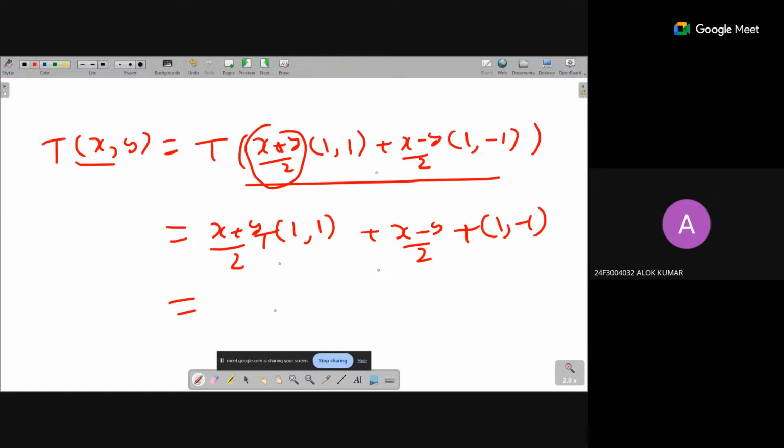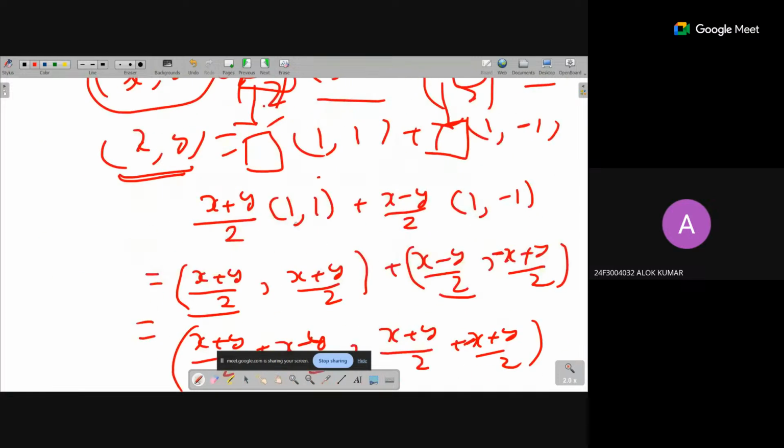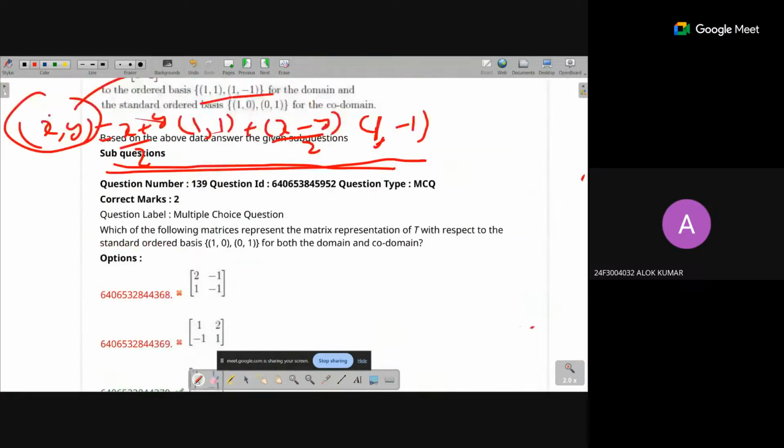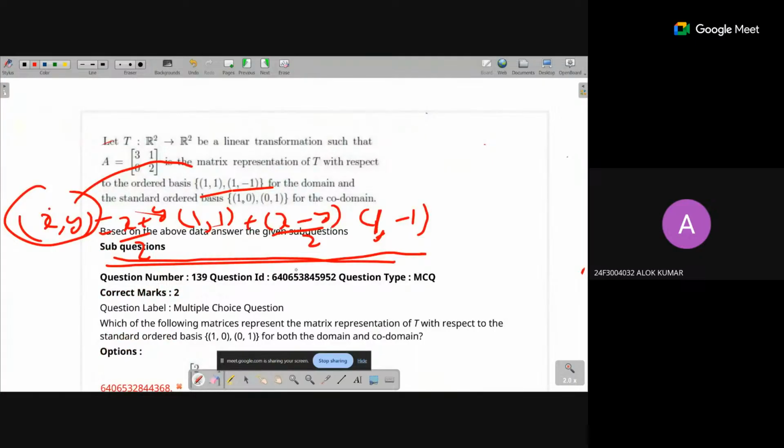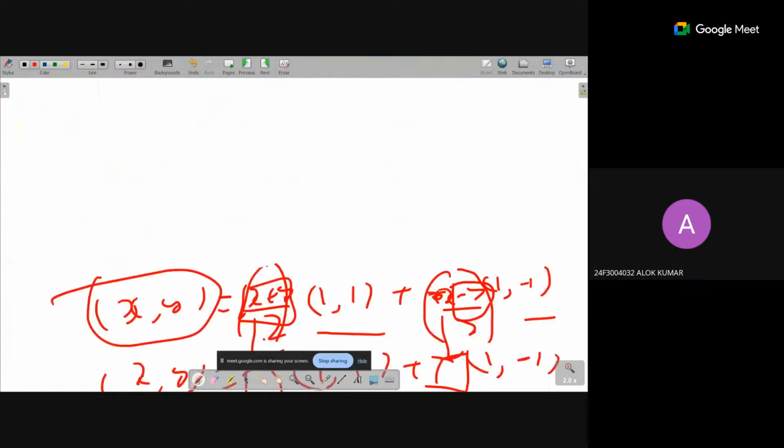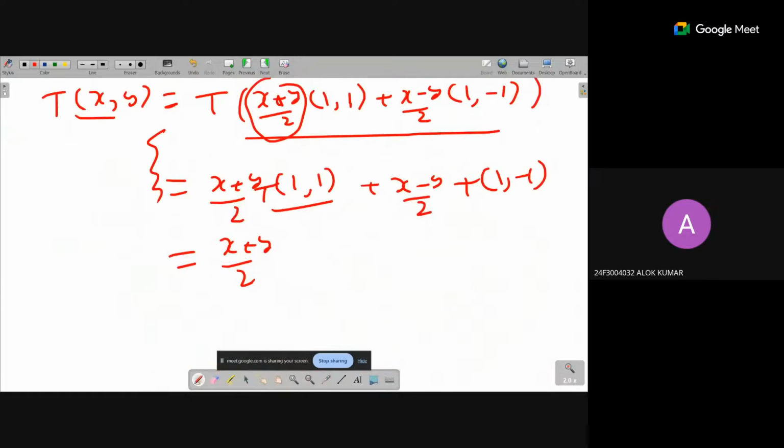Any doubt in this part? No. Linear transformation, you know that. So now we calculate the transformation of 1 comma 1, that is 3 comma 0 from here, and the transformation of 1 comma minus 1 is 1 comma 1.